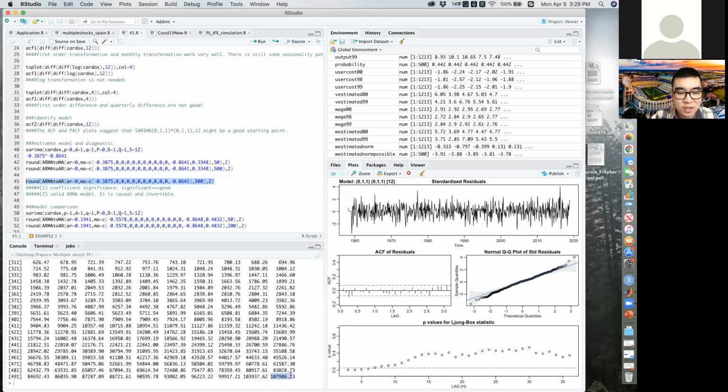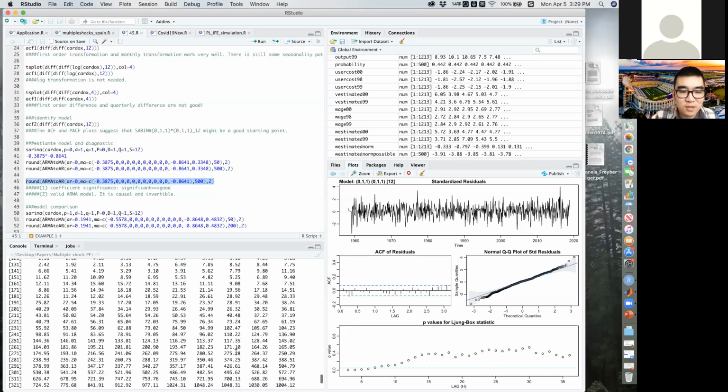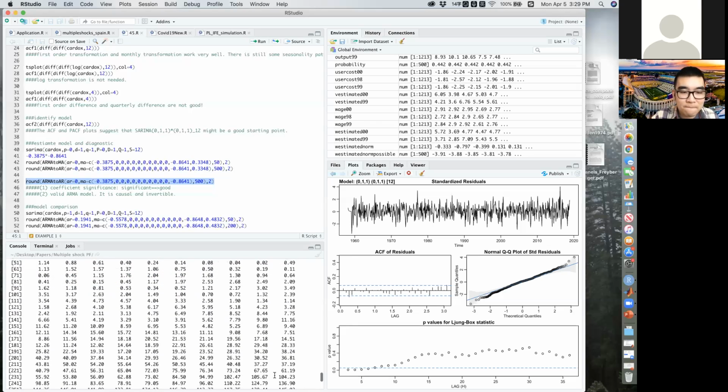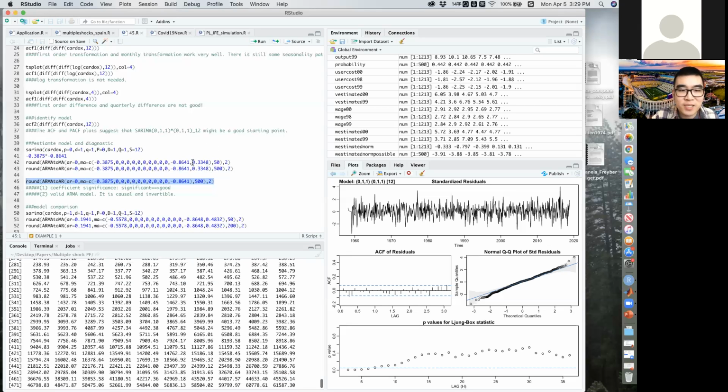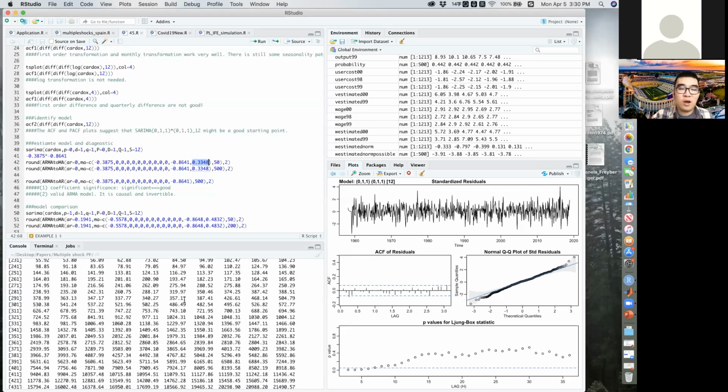You see that the coefficients diverge, very easy to see. The reason is that you forgot this MA13 coefficient. So in your analysis, please make sure that you have this MA13 if you are considering this MA1 and SMA1 model.